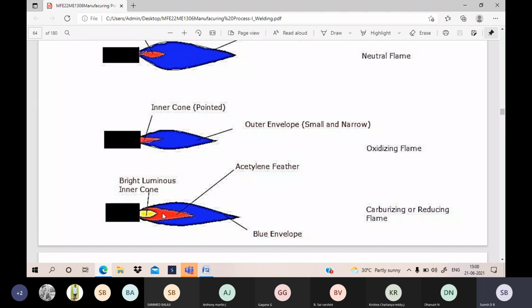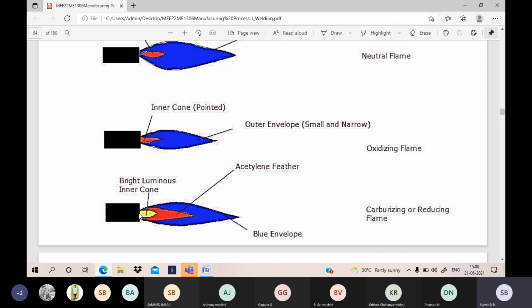What is the main reason? Anybody? What is the main reason this temperature is less than the acetylene feather? Because in the beginning a small amount of gas is coming out from the nozzle.